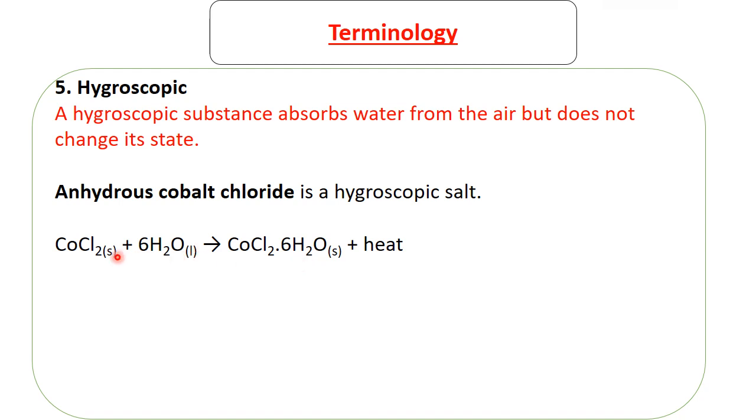But the state won't change. It's solid, it will still be solid, and heat is going to be released. If you look at the colors, copper chloride is blue, and when it absorbs water, it's going to be pink. So the color changes, but the state does not change.